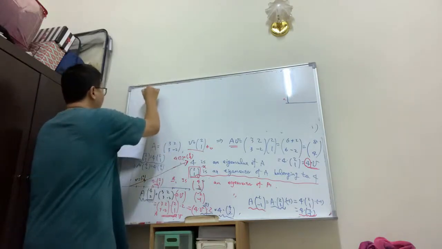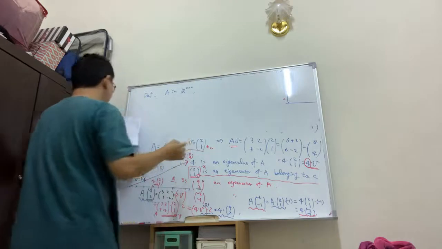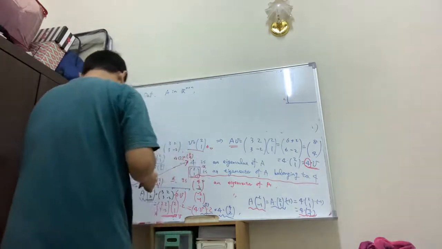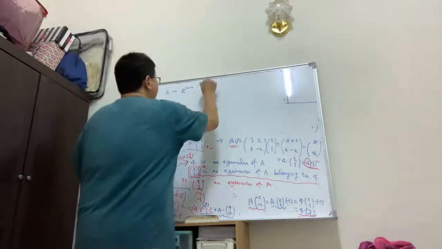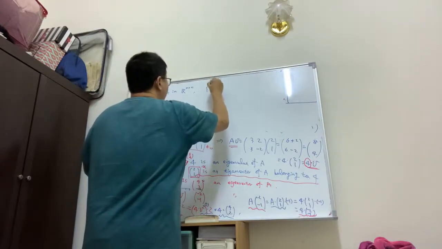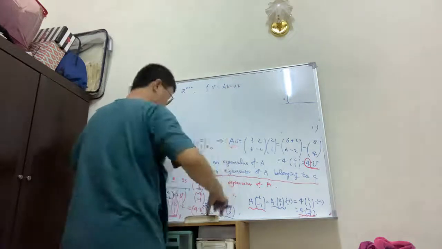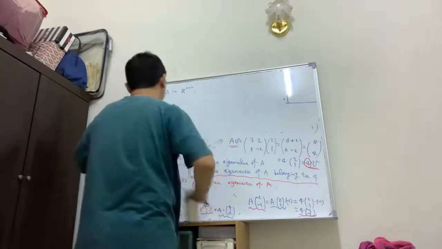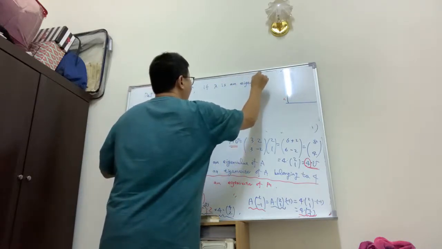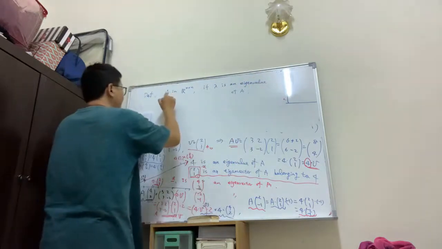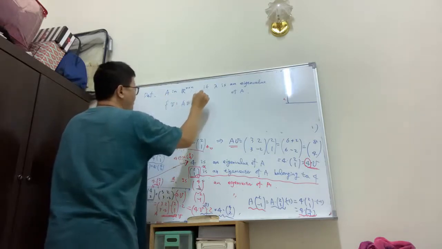We have the matrix A, n by n. If lambda is an eigenvalue of A, then the set of all vectors v such that Av equals lambda v, we collect this set.